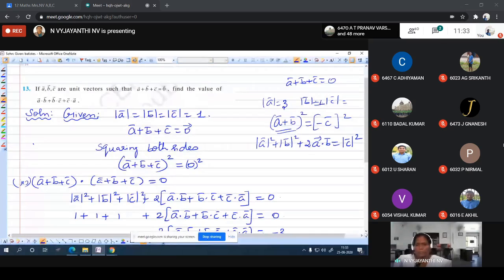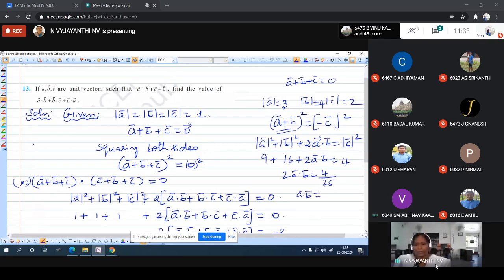So if you replace here, we have 9 plus 16 plus 2 times A dot B equal to 4. So 2 times A dot B will be equal to 4 minus 25. So A dot B will be equal to 4 divided by 2 into 25, that is 2 by 25.